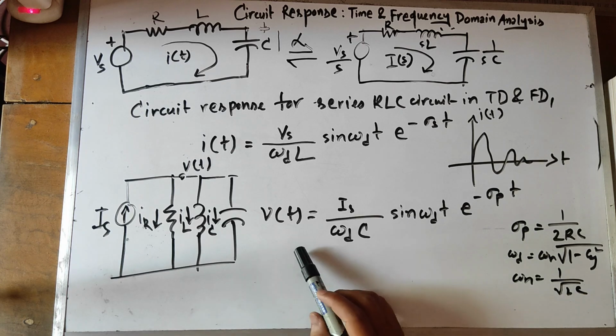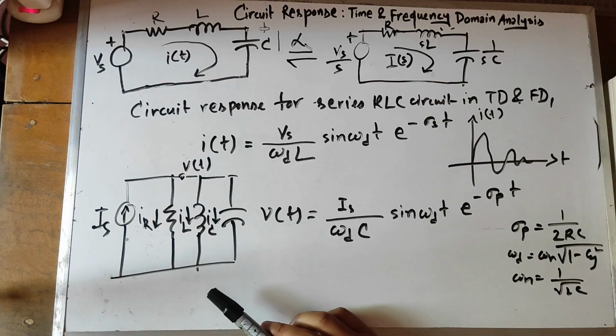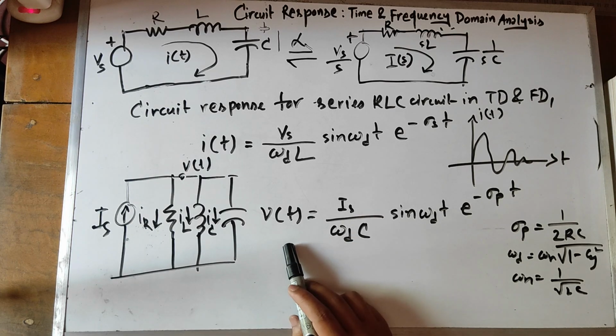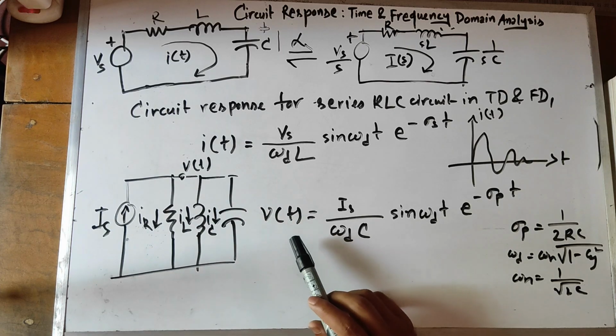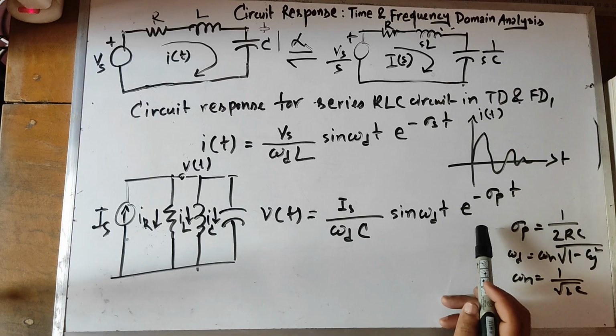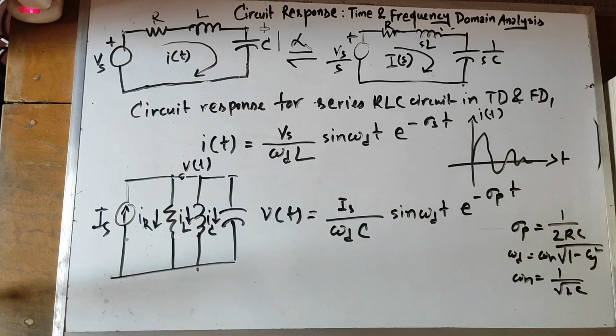So this is the circuit response to the DC input for the parallel RLC circuit, which is the voltage response, the node voltage, which is Is by omega dc sine omega dt e to the power minus sigma pt, and the current response is Vs by omega dl sine omega dt e to the power minus sigma st. So check it yourself.